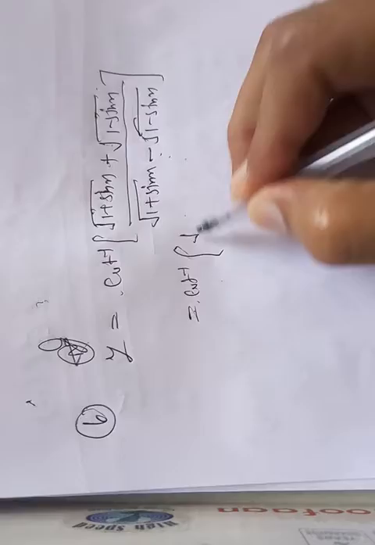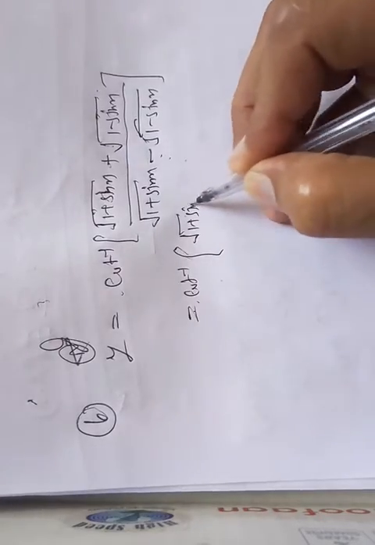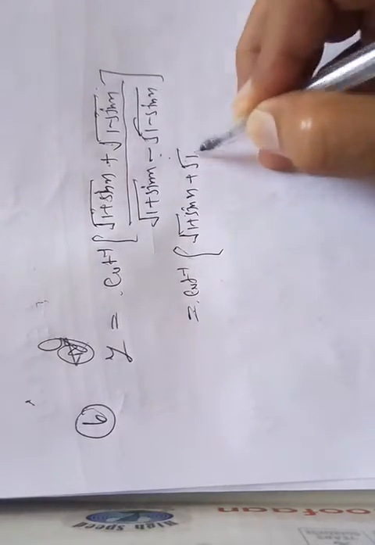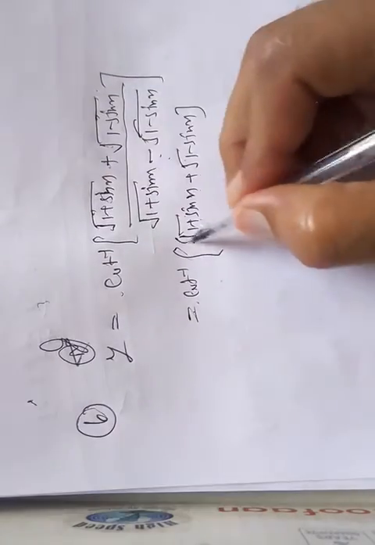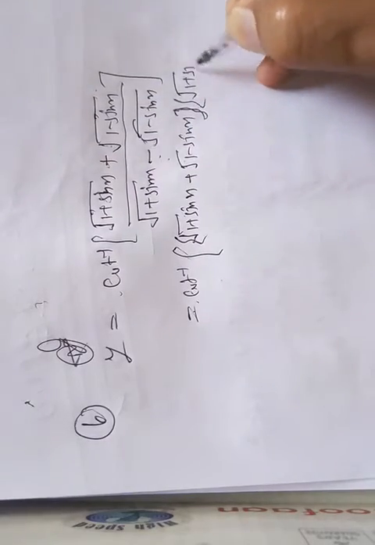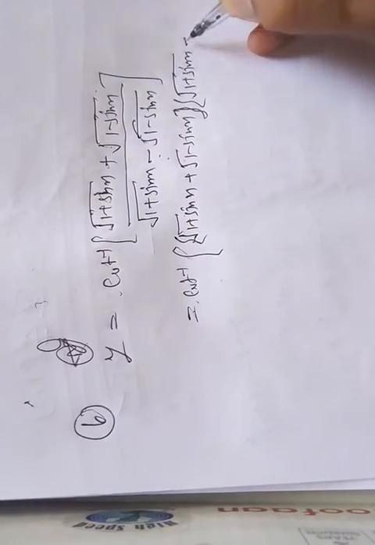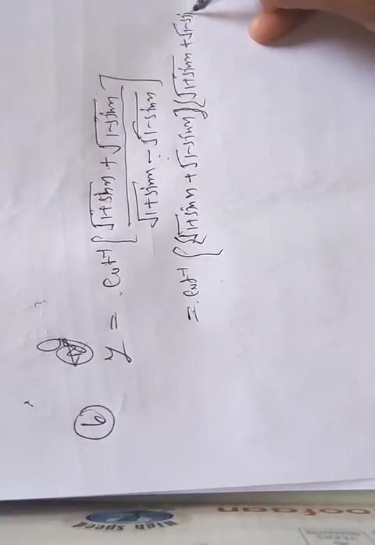In rationalization, we multiply numerator and denominator by (under root 1 plus sin x plus under root 1 minus sin x).